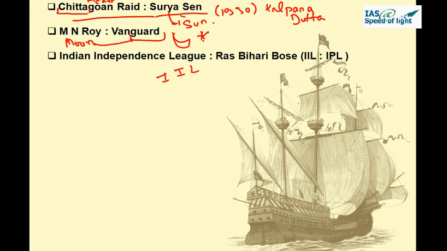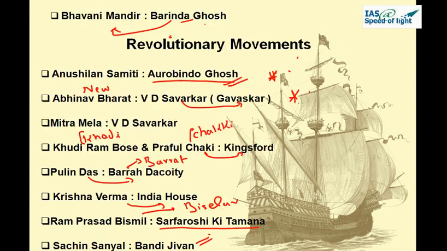So Rash Behari Bose set up the Indian Independence League. These things are very important, particularly Anushilan Samiti, Abhinav Bharat, Mitra Mela. All these events of revolutionaries, their sequence, who were associated with which event, become regular questions in UPSC.